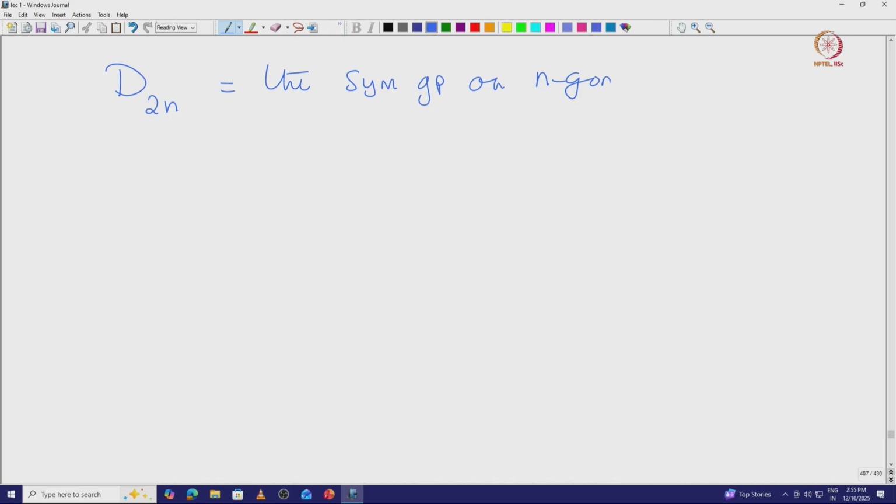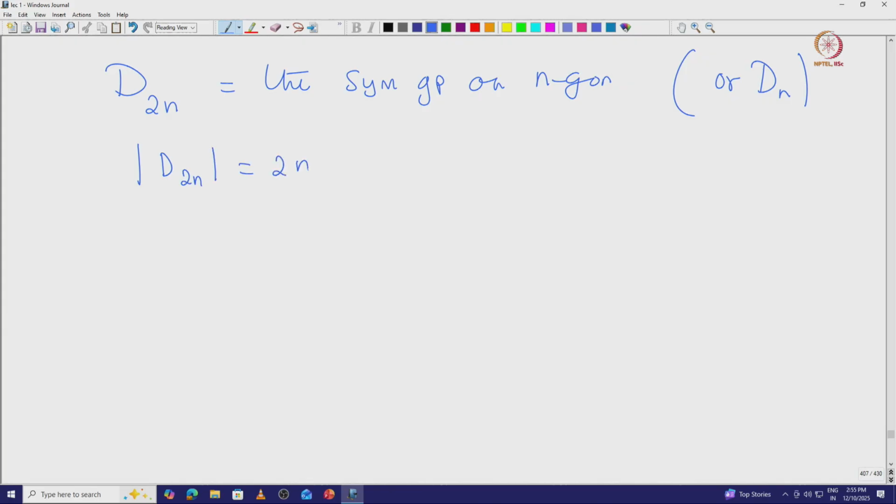I guess earlier I was mentioning this as D4. Sometimes people use Dn, but let me just stick with D2n. The 2n corresponds to the number of elements in the group, so the order of D2n is exactly 2n.